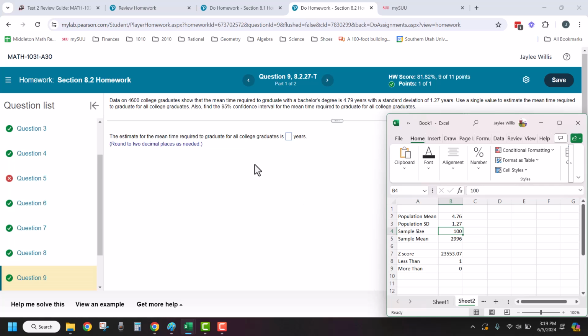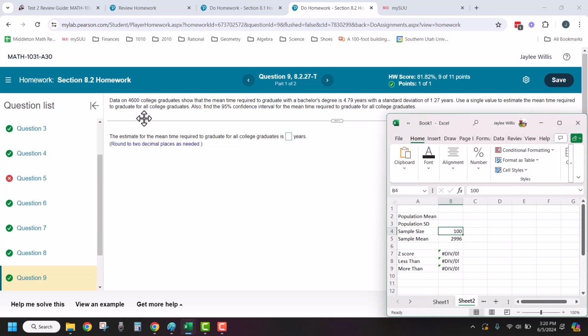Oh, wait, hold on. Sorry, this is not the population mean. This is the sample mean. So sample mean is, actually delete these because we don't know what those are. And the reason we don't know what those are is because it's not reasonable to actually look at all college graduates and see what the average time is that it takes them to graduate.